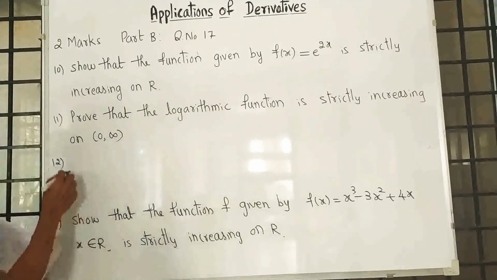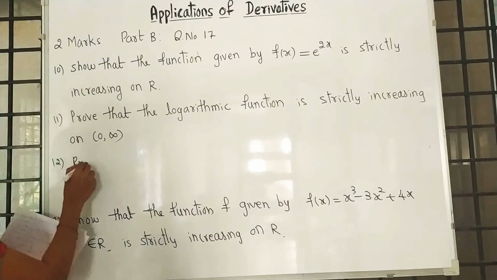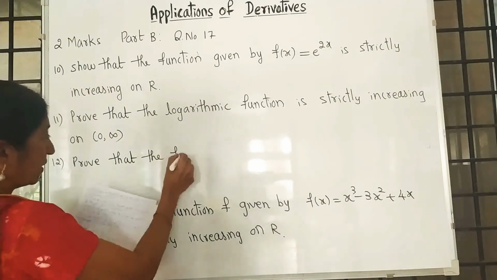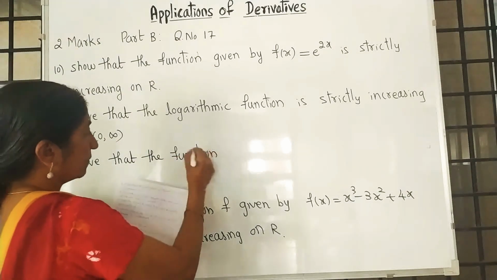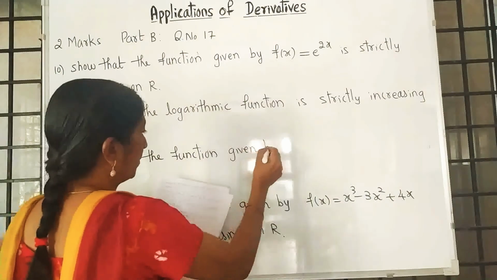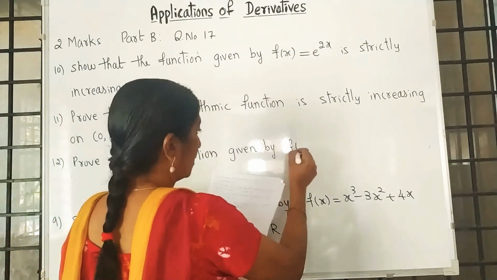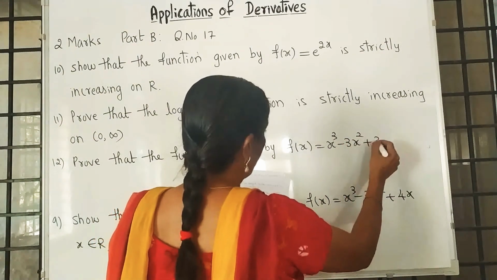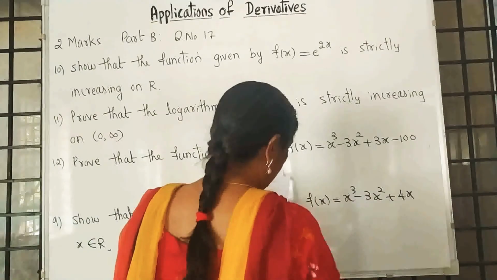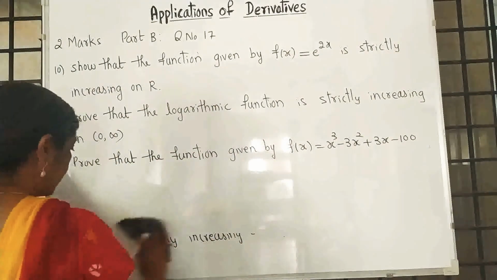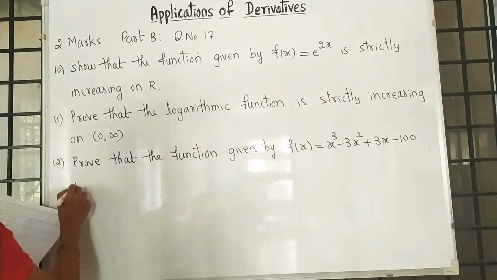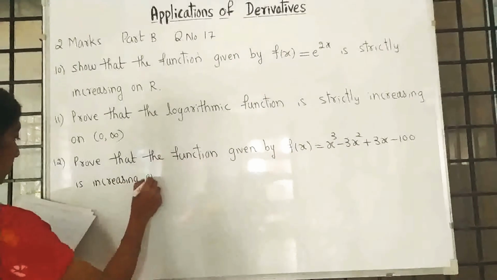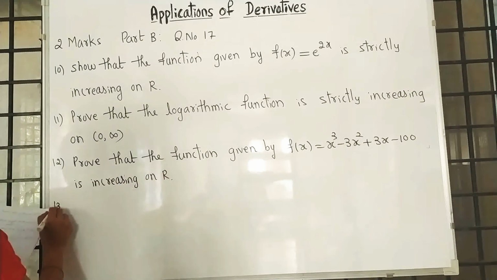Next question, 12th one. Prove that the function given by f of x is equal to x cube minus 3x square plus 3x minus 100 is increasing on R. Next, 13th one.